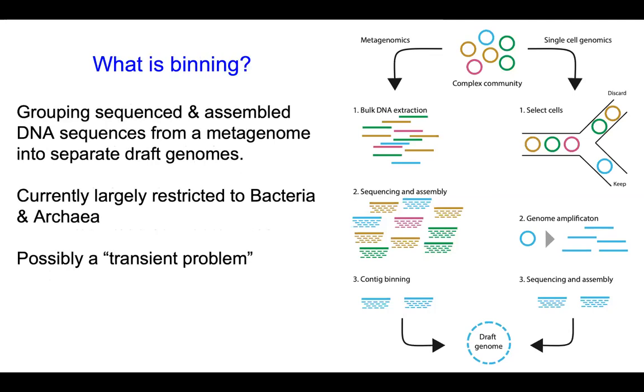It is currently largely restricted to bacteria and archaea. And this is mostly due to the streamlined genomes of bacteria and archaea and the fact that their genome sizes are much smaller than those of eukaryotes. This means that typically DNA from bacteria and archaea assembles better into larger and longer contigs.